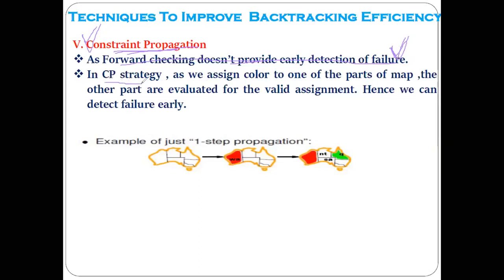So in the constraint propagation strategy, we assign color to one part of the graph. Okay, listen carefully here.